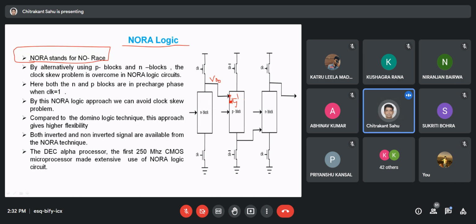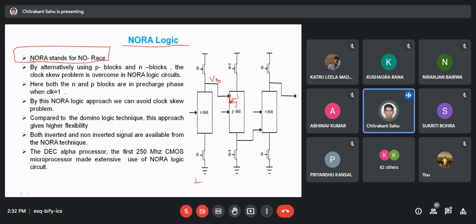That is why this particular logic is called no race condition. In the previous case, when the NMOS block is directly connected to this network and that NMOS is continuously working, that will arise a problem and flip the information in the subsequent stages. In this NORA logic, there will be no such cases. That is why it is called no race logic or NORA logic, a combination of dynamic logic having n block and p block together.